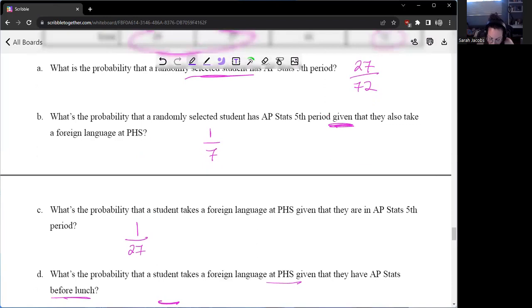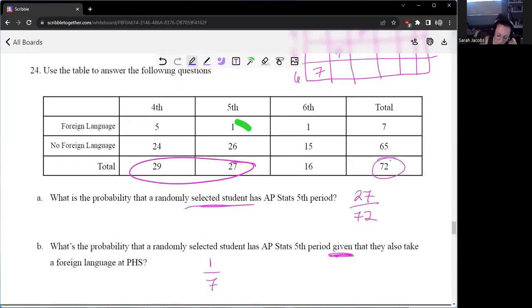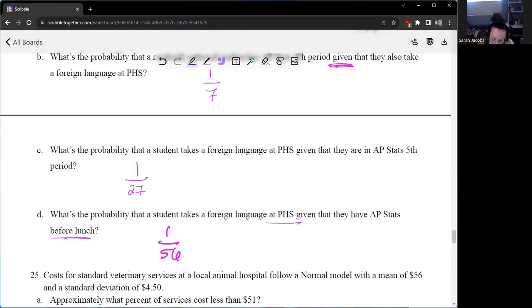So we're going to say 56 is our denominator. And so what's the probability they take a foreign language? We're going to add these two. So 5 and 1, because those are all the people who have stats before lunch who also take a foreign language. So that's going to be 6.